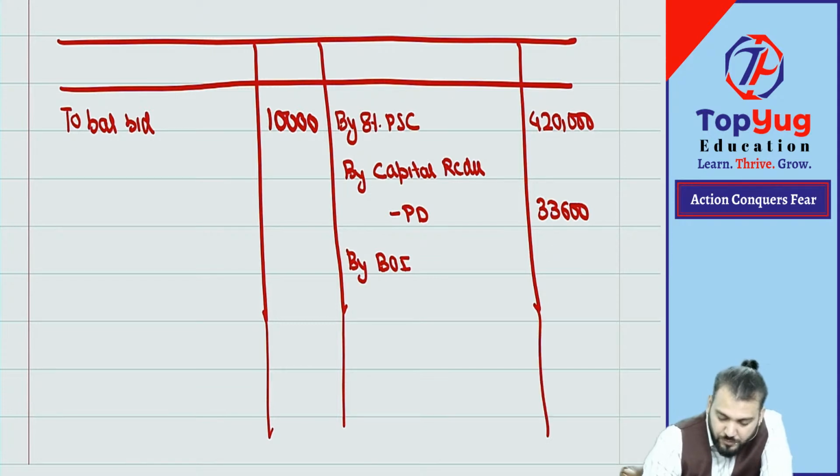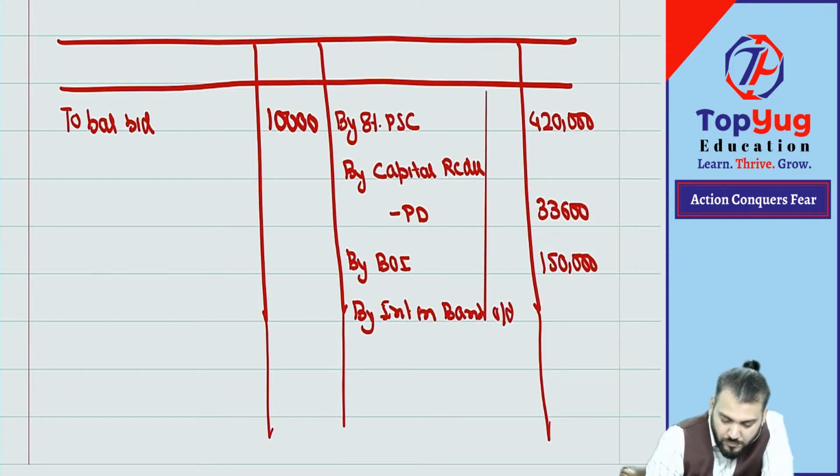How much? Done together, but I think you should do separately. There are two accounts, na? 7,000, 7,500.